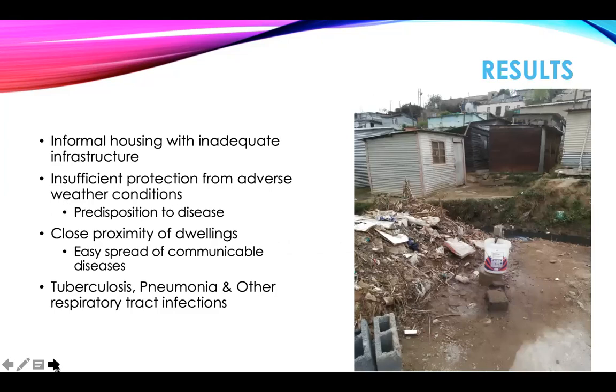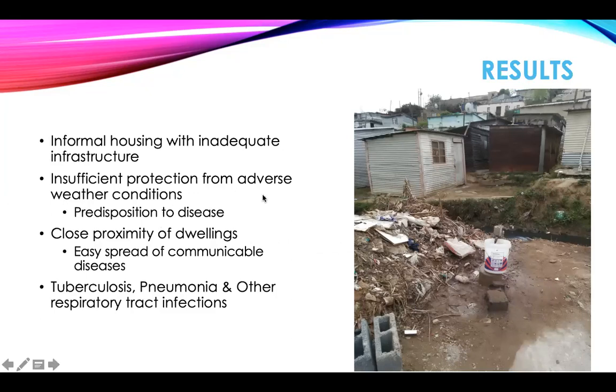This image depicts an informal housing settlement on the outskirts of the city of Durban. The informal housing shows inadequate infrastructure. We see that the houses are made up of corrugated iron walls, which are not closely built together, so there are gaps in between the walls, resulting in adverse weather conditions such as wind, cold, and rain entering into the homes.